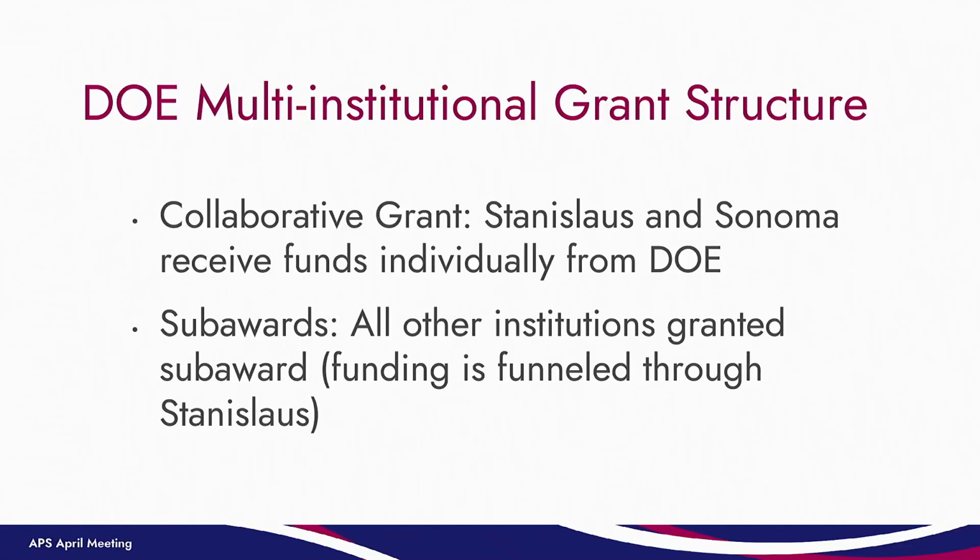A big part of why you would want to include this sub-award structure, if you are developing one of these grants, is because it really provided a lot of flexibility. You'll see in a minute, I'll talk about our first cohort that just entered the program this semester. We didn't have a student from every single institution. We didn't know beforehand how many students we were going to have at each institution.